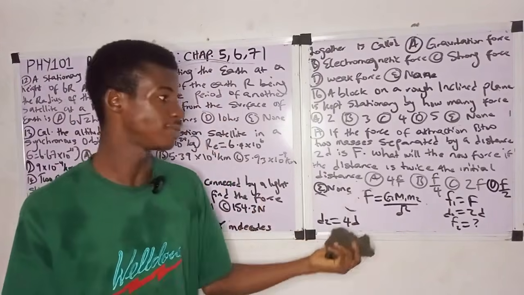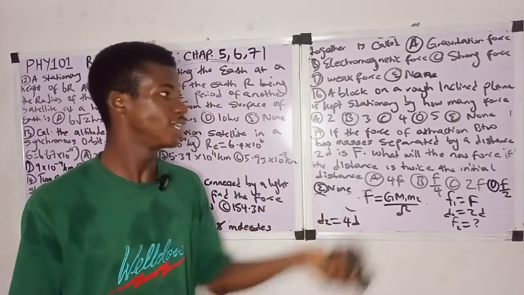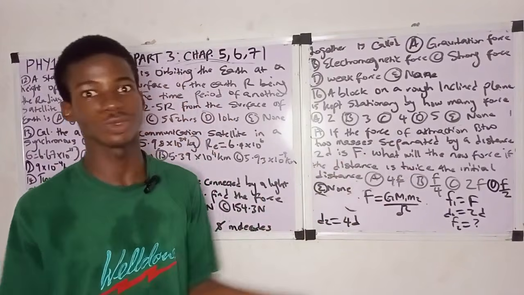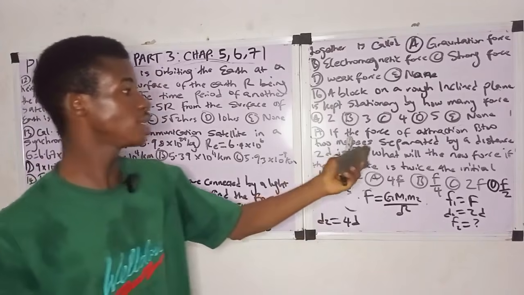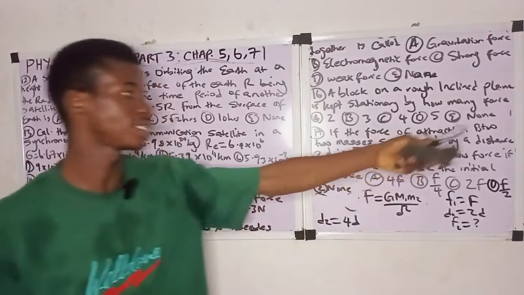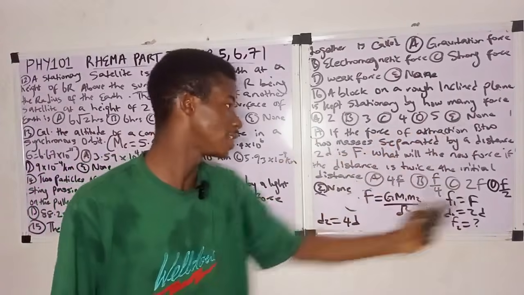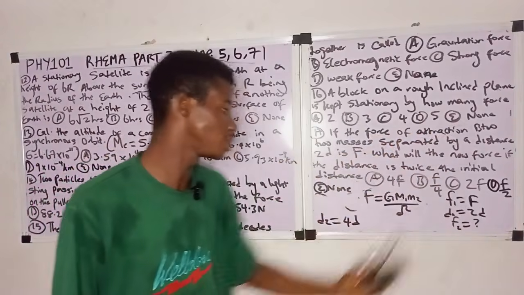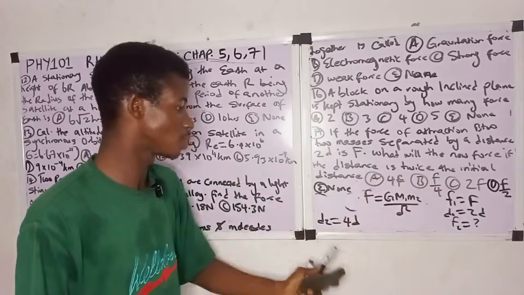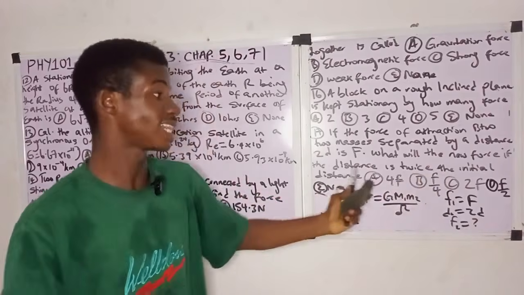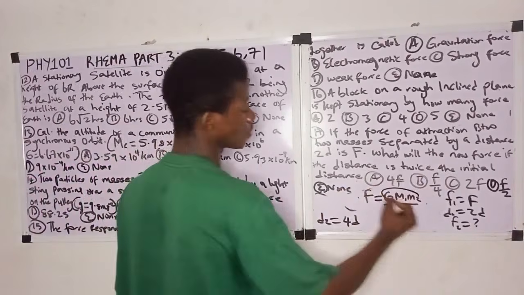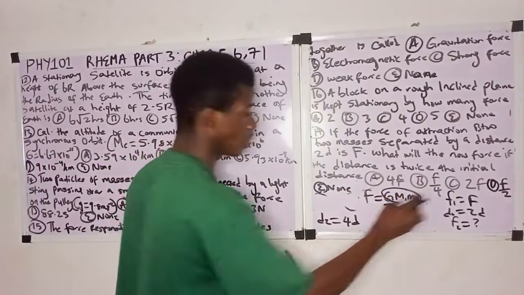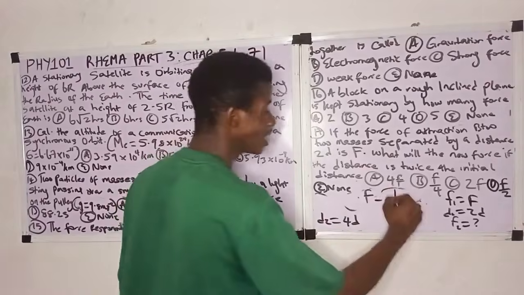They said if the force is F1 at distance D1 equals 2D, what will be the new force F2 if the distance is twice the initial distance? So we'll make everything else constant, call it K.